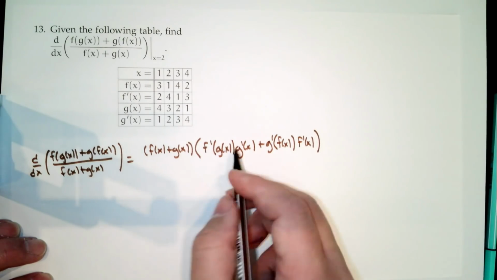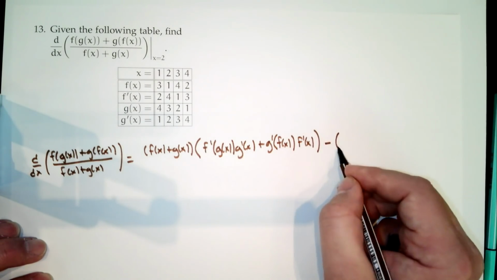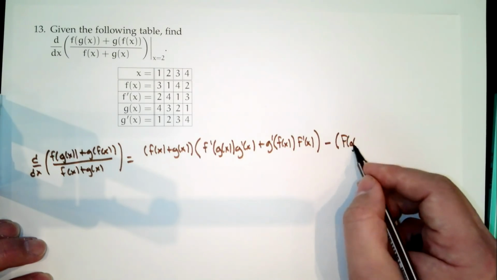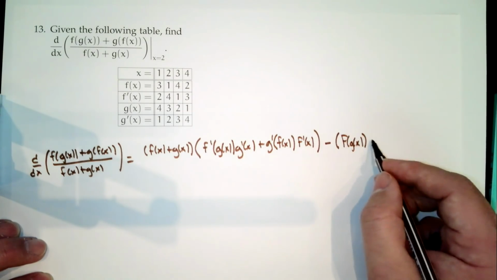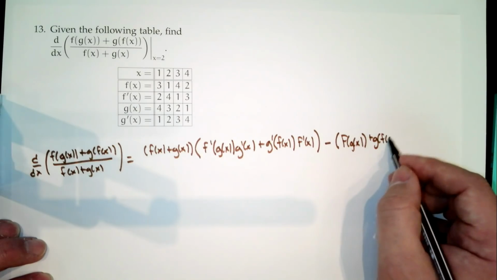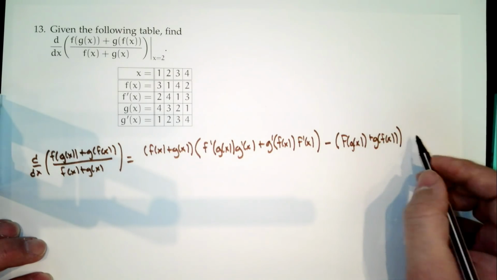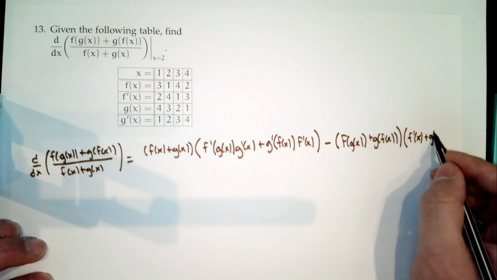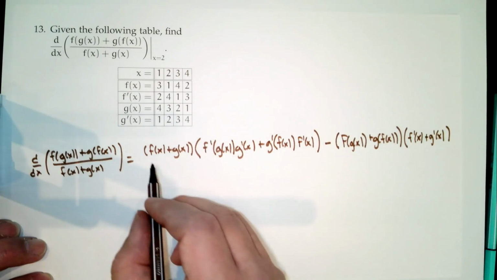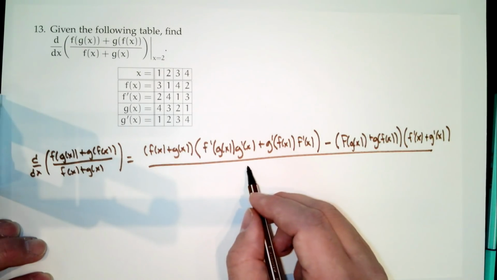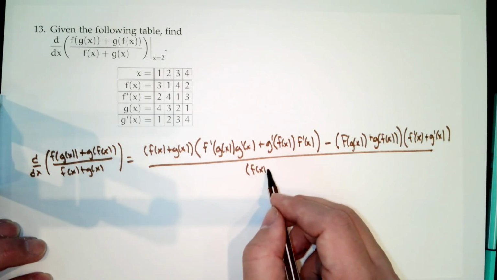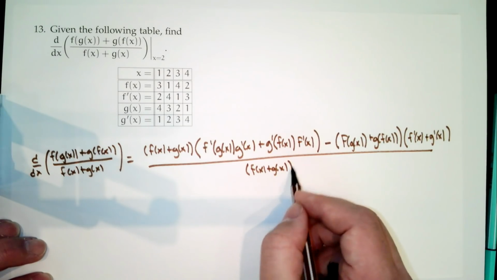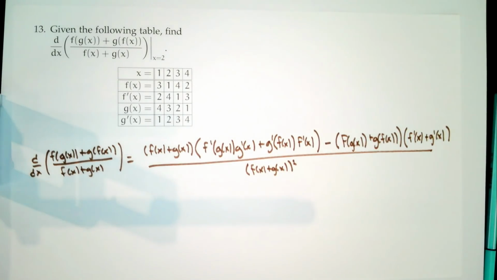Okay, bottom times derivative of the top minus the top, f of g of x plus g of f of x times derivative of the bottom, which is f prime of x plus g prime of x. Okay, and all that divided by the bottom term squared.